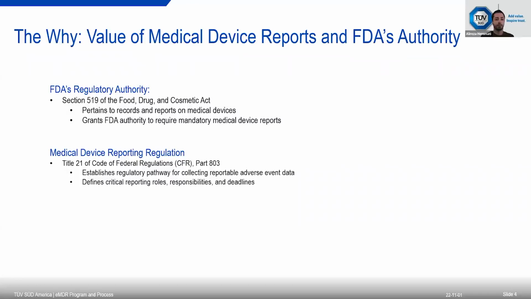The medical device reporting regulation specifically is in Title 21 of the Code of Federal Regulations, CFR Part 803, and it establishes how adverse events involving medical devices can be reported to FDA. It also defines important reporting roles, responsibilities, and deadlines.